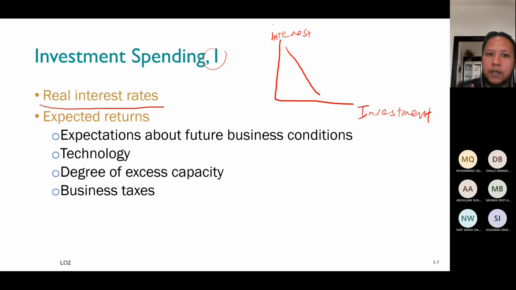Which says that the higher the interest rate, here I1, here's the investment. So the higher the interest rate, the lower the investment. The lower the interest rate, I2 here, you can see the investment increasing.